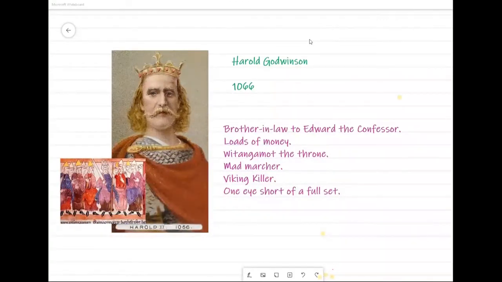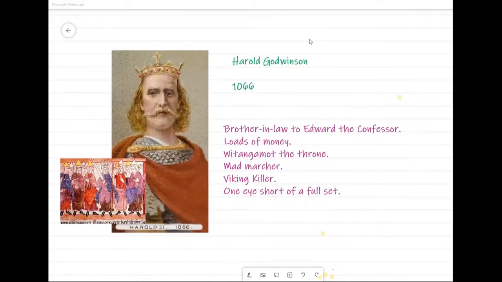Oh, very good, Abigail. So there is a 4th person, though, who believes they should be king as well, who's often forgotten in history, the poor man. His name is Edgar the Atheling. Now, he was never promised to be king, but he's probably the one that deserves to be king most, according to the rule book, because the rules say that the oldest living male relative of the king gets to be the next king.